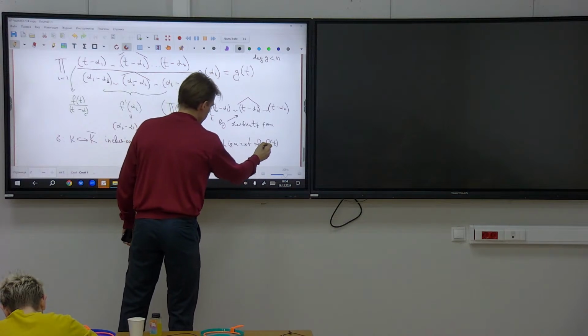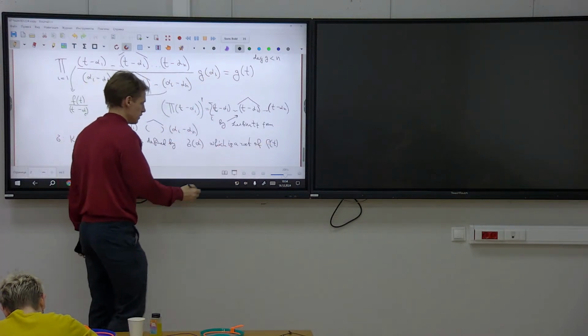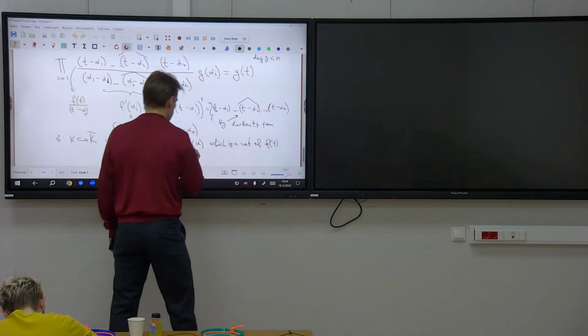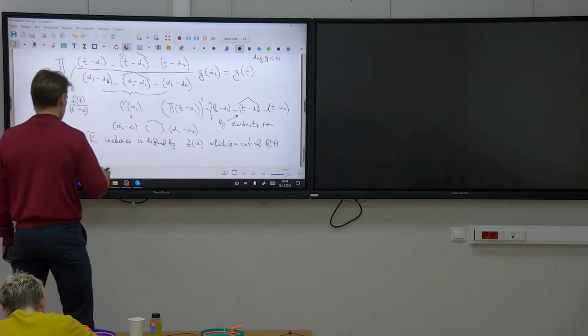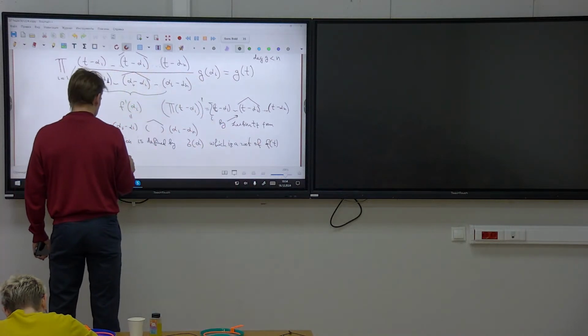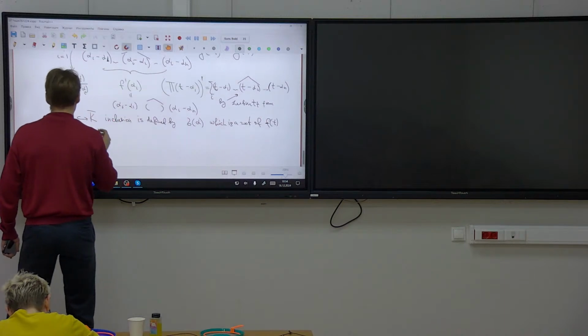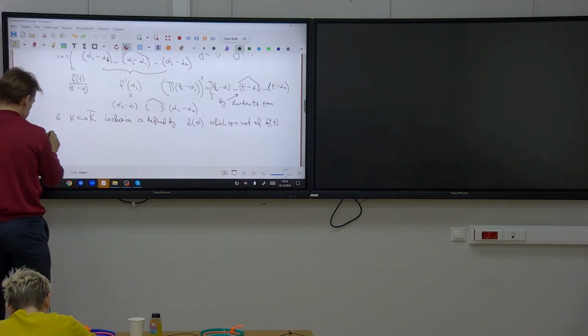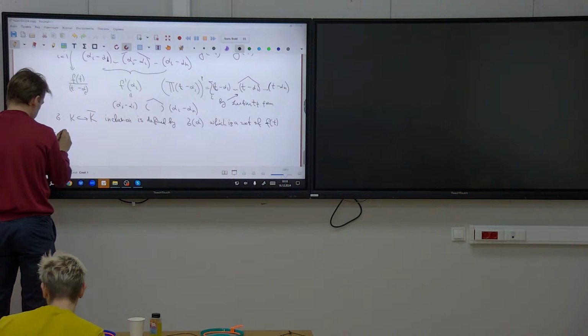So when sigma runs through all possible roots, we can write down the trace.